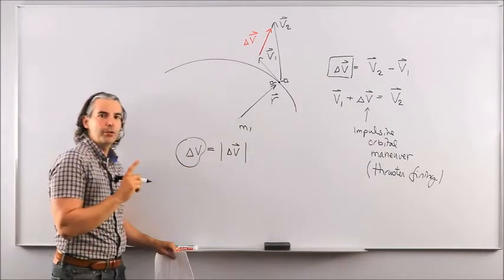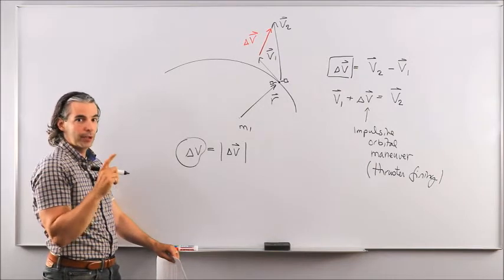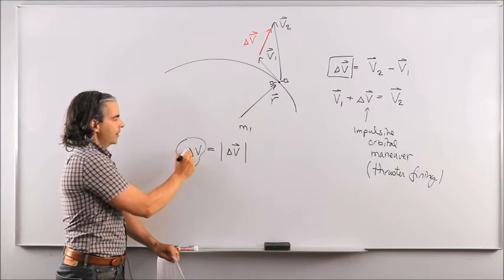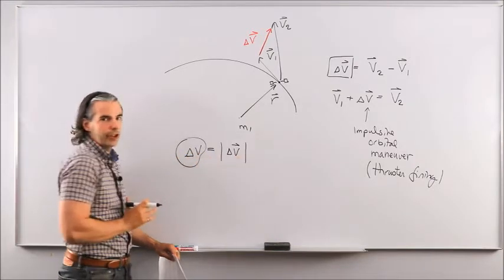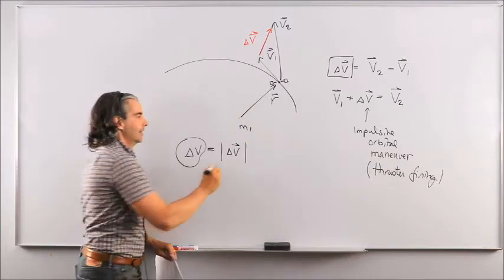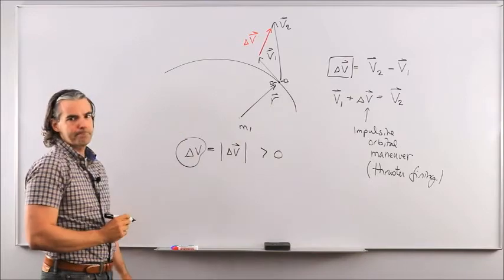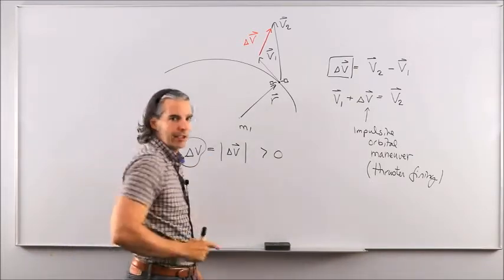One thing to note, and listen closely: because delta V, by its very definition, is the norm or length of a vector, it has no choice but to be positive. So delta V magnitude is always a positive scalar.